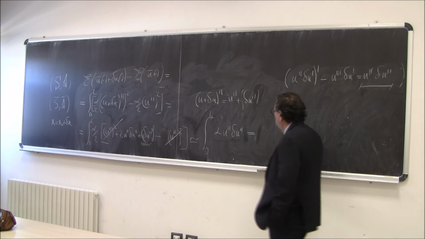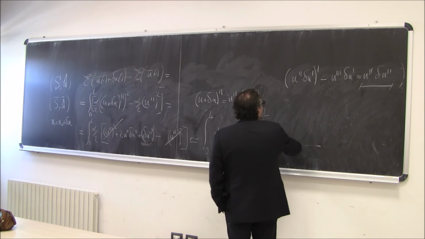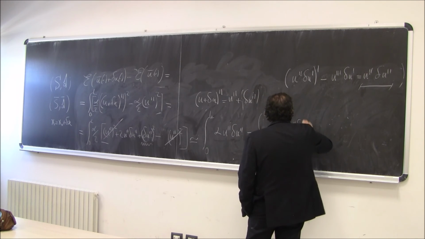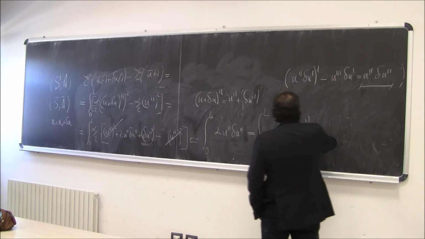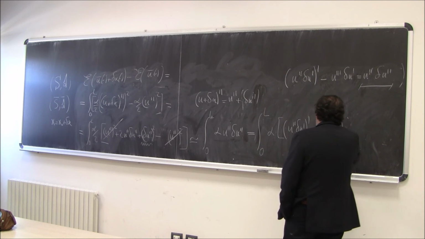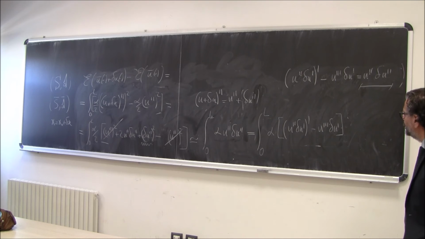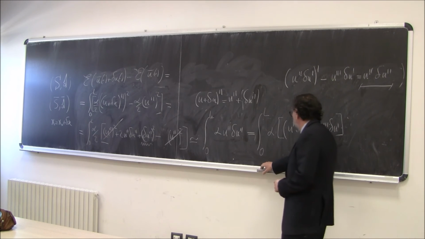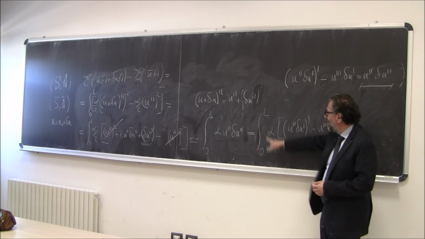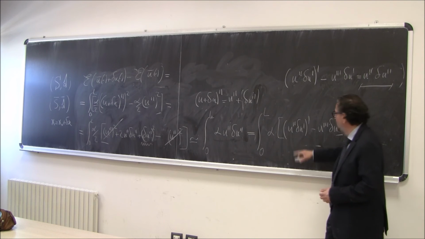Okay? So I can write here the integral between 0 and L of alpha times the bracket u second delta u prime, prime, minus u third delta u prime. Okay? Very well. This is the integral of a derivative. Okay?